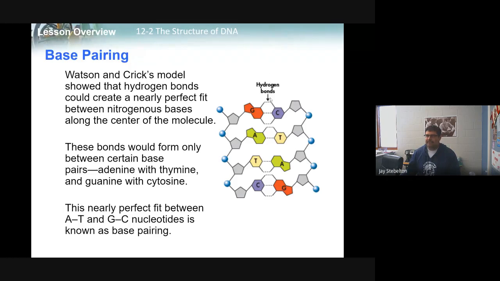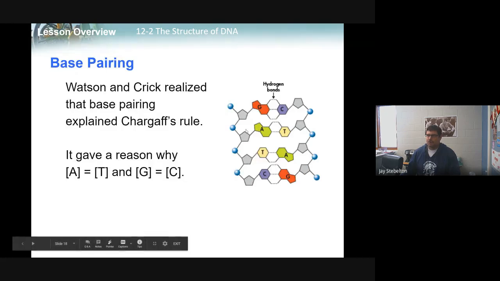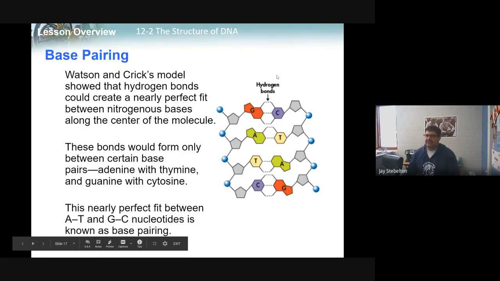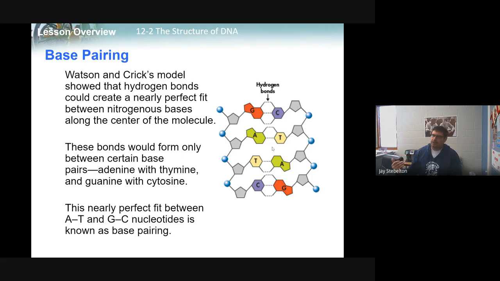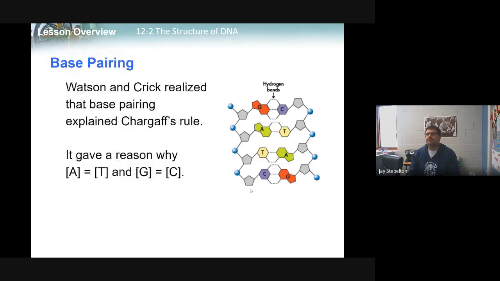But what happens is this is actually unzipped down the middle, so we have two sides from which we can create two new strands to be passed on to two new daughter cells. Okay, so Watson and Crick realized that the base pairing explained Chargaff's rules, and it gave a reason as to why A matched with T and C matched with G.